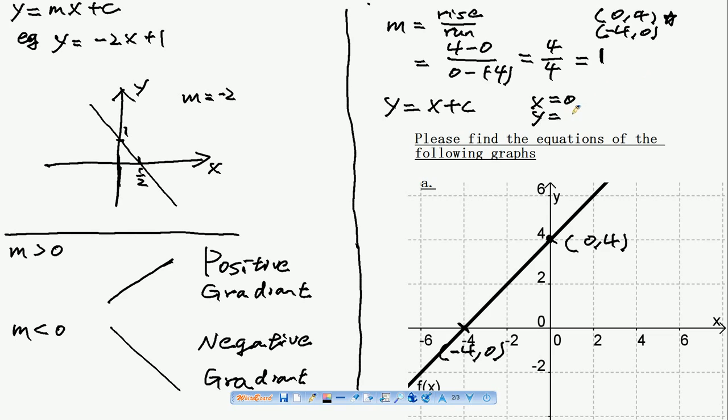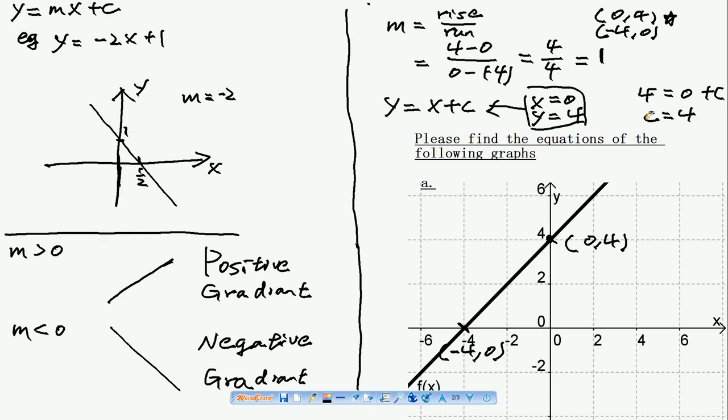Let's substitute these values into the equation we just found. After substitution, we have 4 equals 0 plus c, because x is 0, and so c is 4.